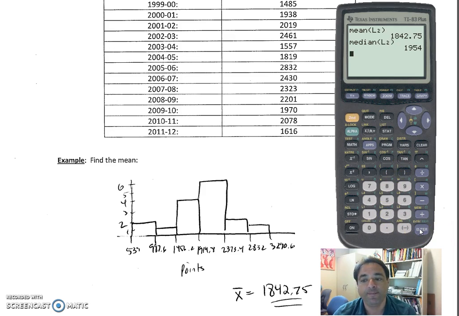Okay, so there's your mean and median. Or, if you prefer, we can do all of it at once by hitting stat, calculate, 1 variable statistics, of list 2, second 2. There would be your mean, and there would be your median.